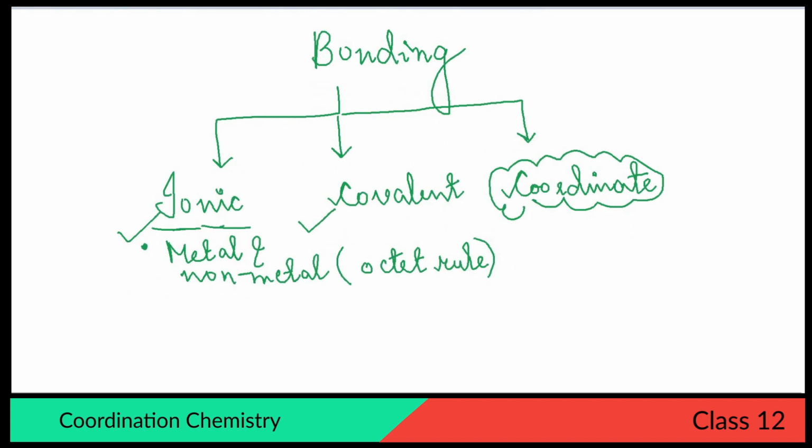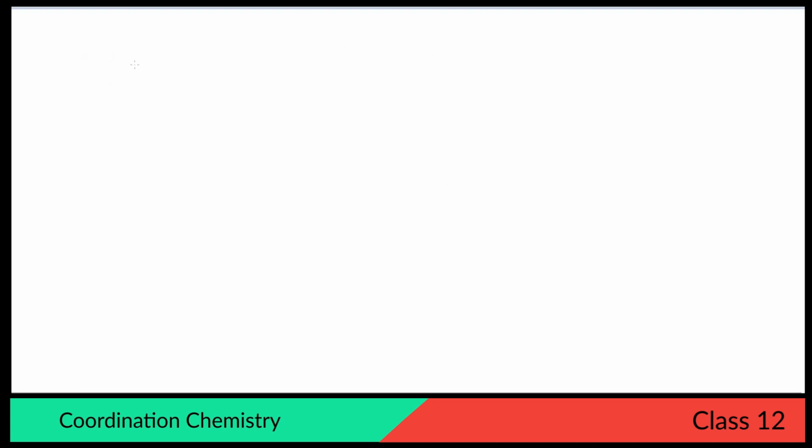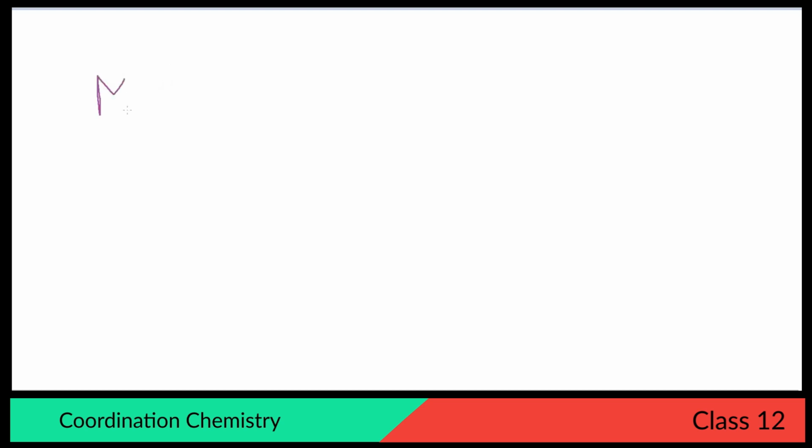Now, let us take a small example of ionic bonding and understand what it was. Suppose magnesium oxide, MgO. Magnesium oxide is made up of two entities, one a metal, magnesium, and the other a non-metal, oxygen.